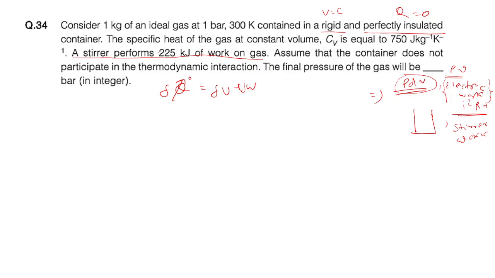I am asking how this 225 may have come. If I were asking about electric work, they would have written it directly, so you put it in and start solving. But if I give this much current, for this much resistance and this much time, you will calculate I square R T, right? Yes, sir. So for stirrer work, how will you calculate? That is my question.